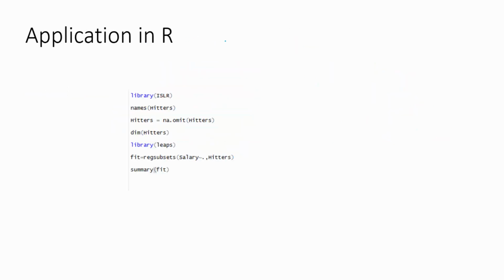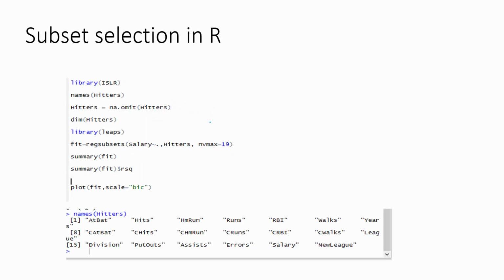Now we'll take an example. Now that we have some idea about the theory, we'll take an example to understand it better. So we'll take a data set, and we're going to use this data set, and we'll demonstrate these algorithms and see how it works. So we have this Hitters data. There are several variables.